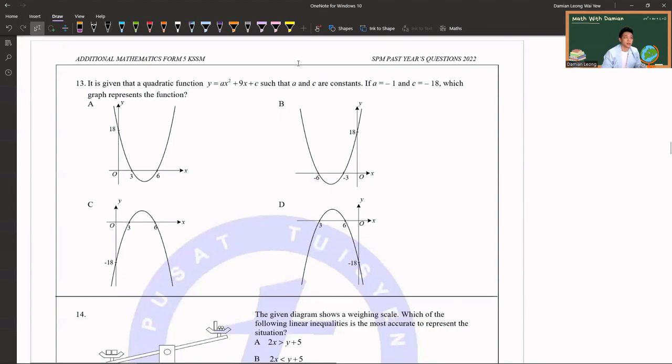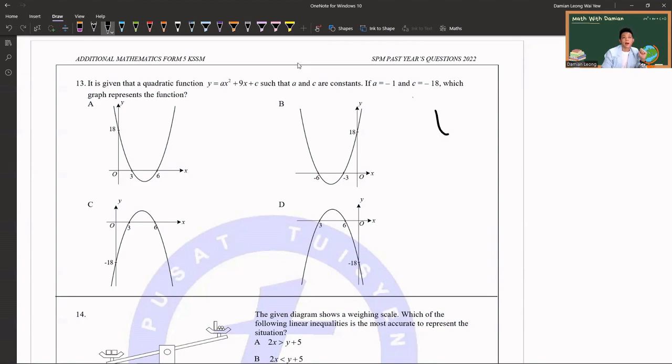Question 13. It is given that a quadratic function y equals ax squared plus 9x plus c, such that a and c are constants. So if a is negative 1 and c is negative 18, which graph represents the function? Absolutely simple here. Depending on whether the a value is negative or positive, we can see whether it's U-shape or N-shape.